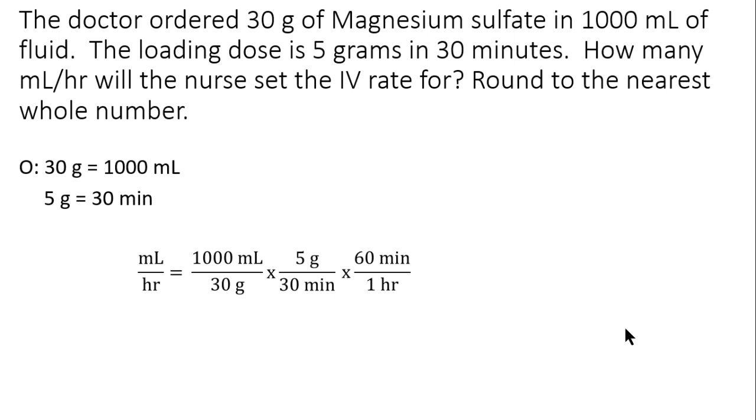To check the units, the grams and the minutes cancel out, and we are left with the units we want, which are milliliters over hour. So we multiply the numbers on the top, multiply the numbers in the bottom, and then divide. So we have 1,000 times 5 times 60 divided by 30 times 30, which gives us, when rounded, 335 milliliters per hour.